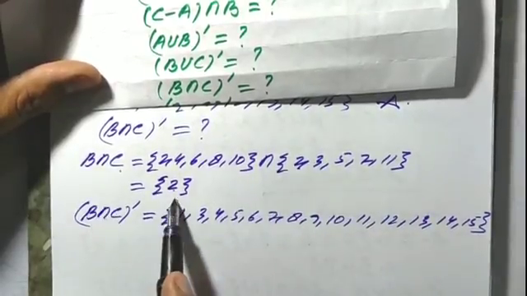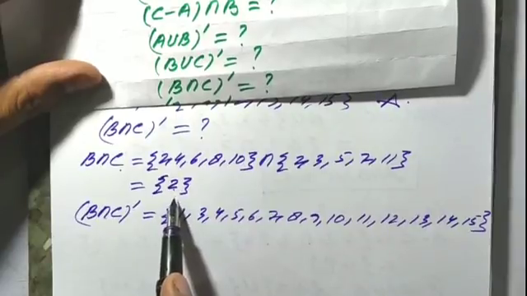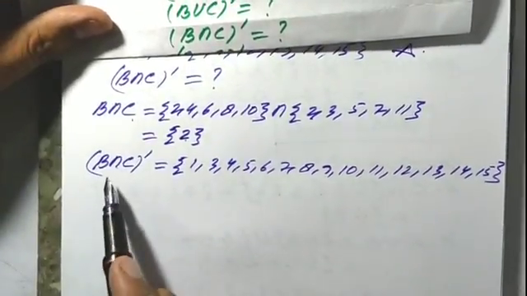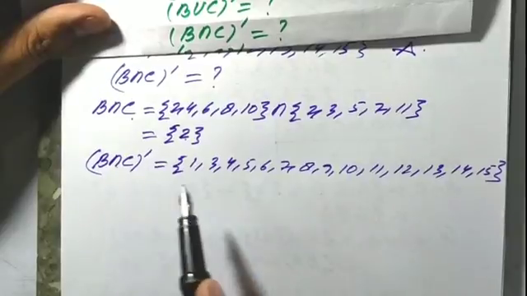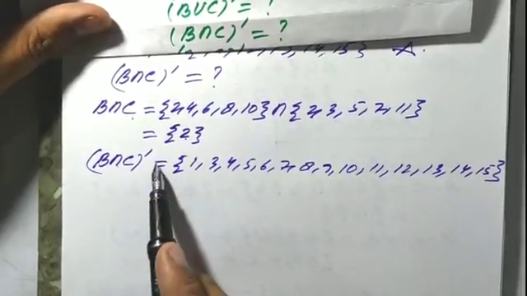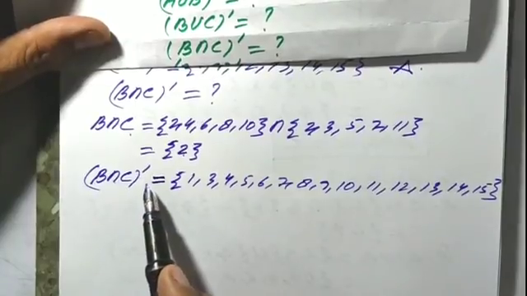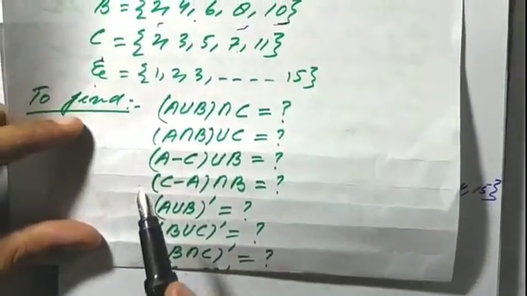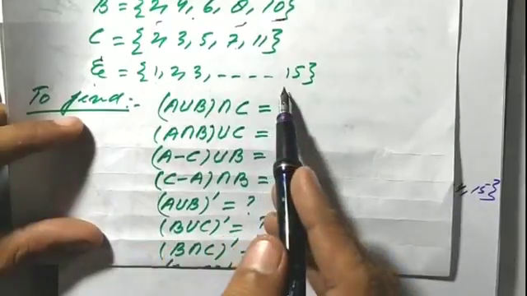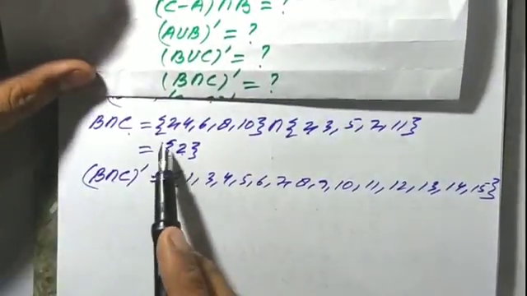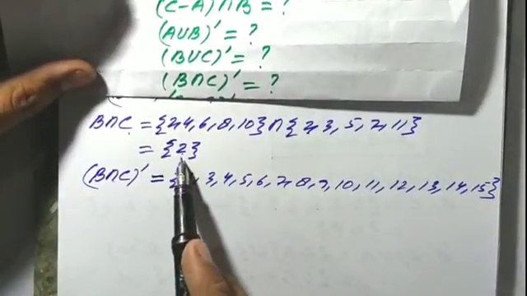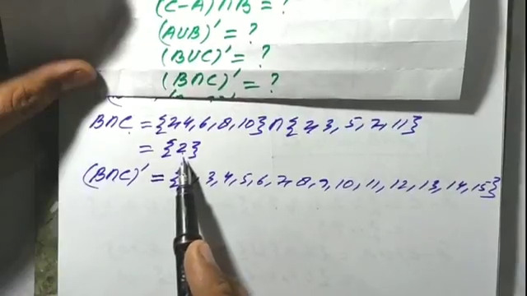So B intersection C is the set of 2 only, and now we have to take the complement of B intersection C. As you know by the definition of the complement, (B ∩ C) complement is the set of all the elements of a universal set which are not contained by B intersection C. As you see, there is only one element in B intersection C, that is 2.